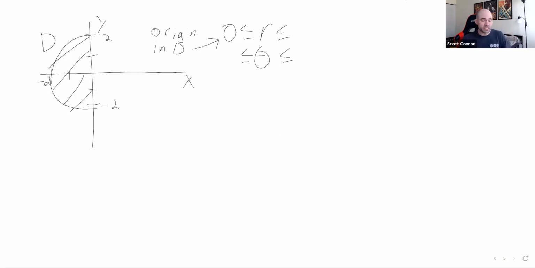If the origin is in your region, then r is bounded below by 0. The furthest away we get from the origin is stuff on this outer curve. And for reasons we'll see later, this outer curve is the piece of the circle centered at the origin of radius 2.